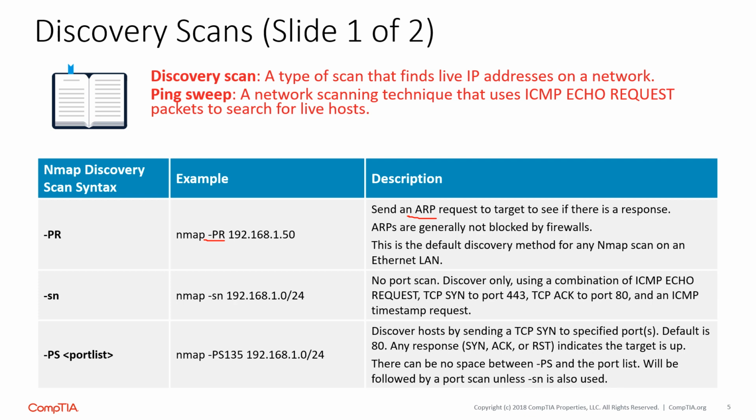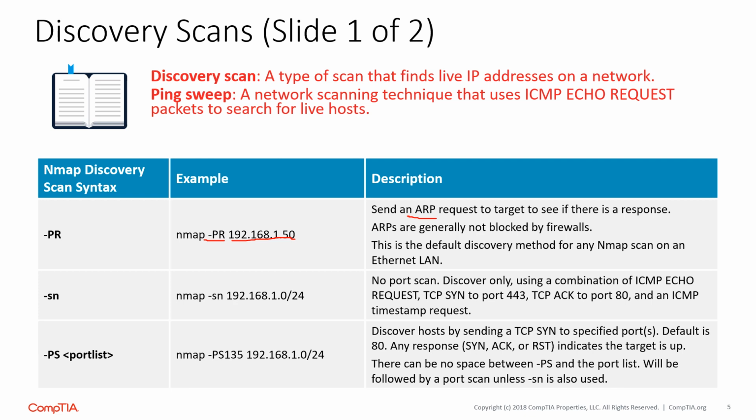For example, it will ARP 192.168.1.50 for Nmap to know if this is alive. So Nmap will say, hey, 192.168.1.50, can I have your MAC? That device will have a reply. That is an indication that it is live, because the target device is replying to the ARP request.